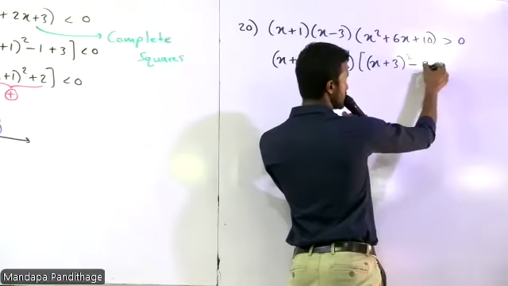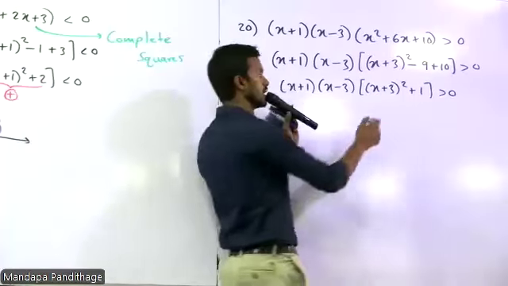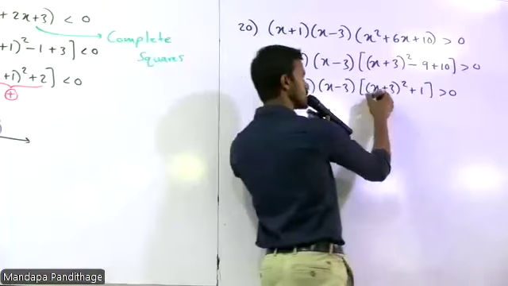Minus 3 squared is 9, plus 10. And then I have x plus 1, x minus 3, and then it's x plus 3 squared plus 1. Clear? Which means when it is a square term plus 1, for sure this is positive.